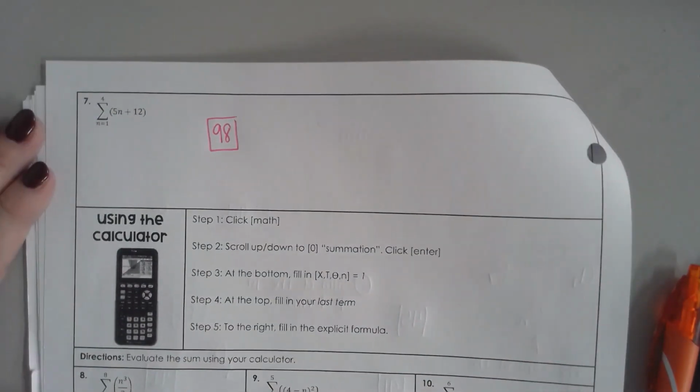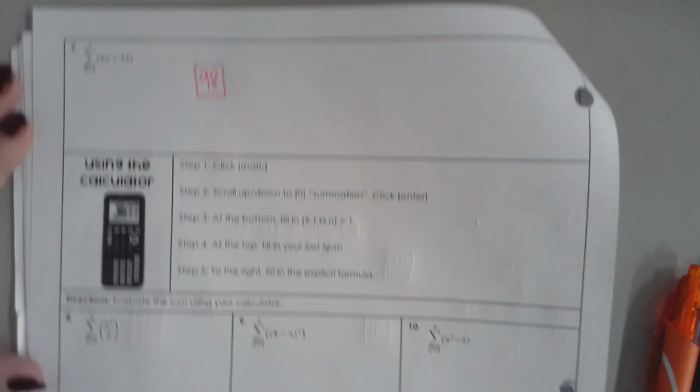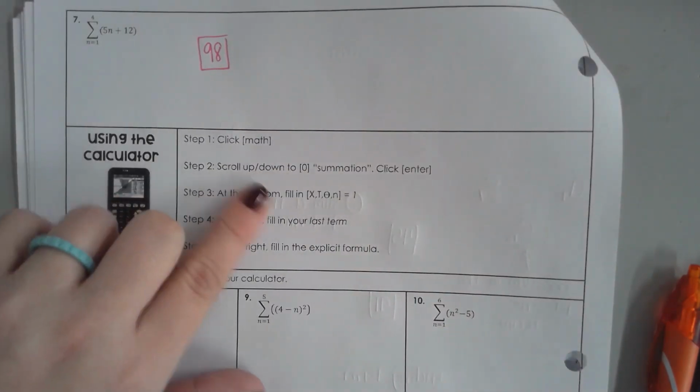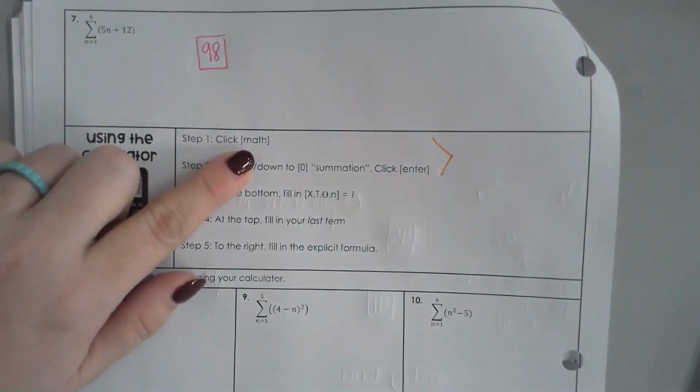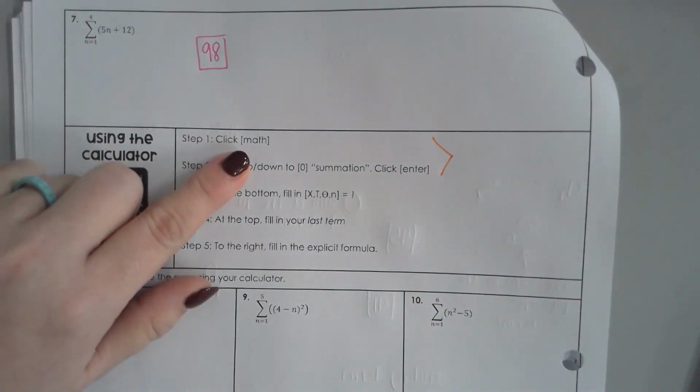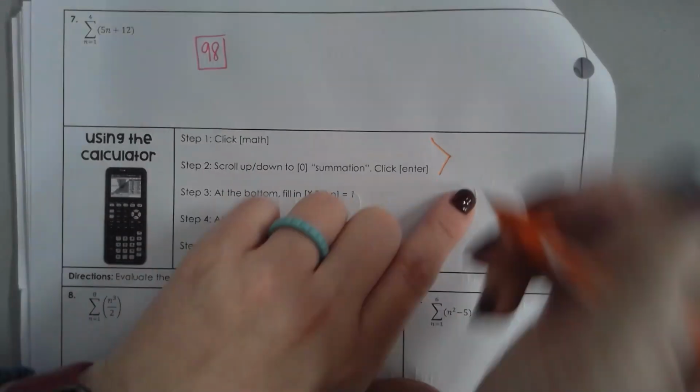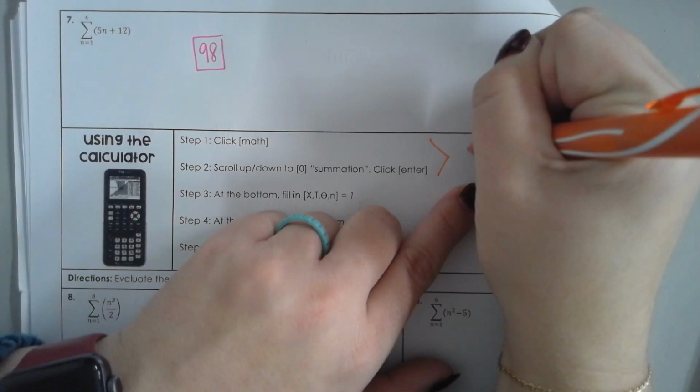Your calculator, it's really easy to type this in. 2 ways you can do it. One option is to do math 0. Another option is alpha, and then the second option.